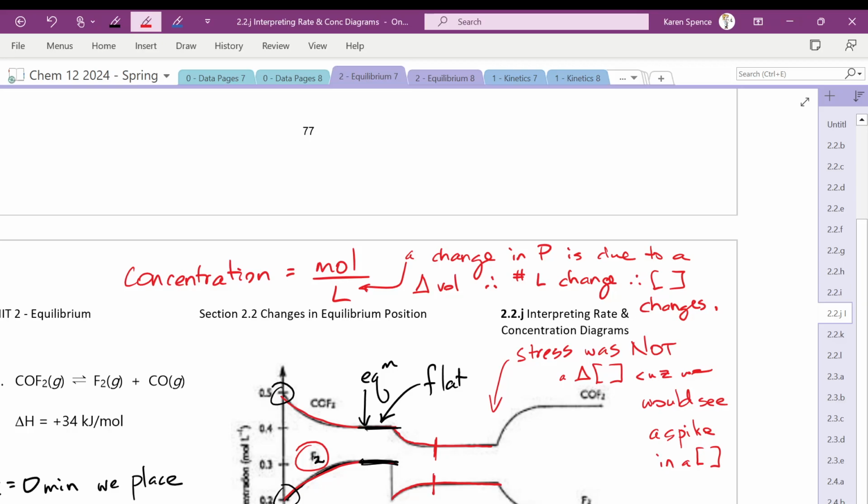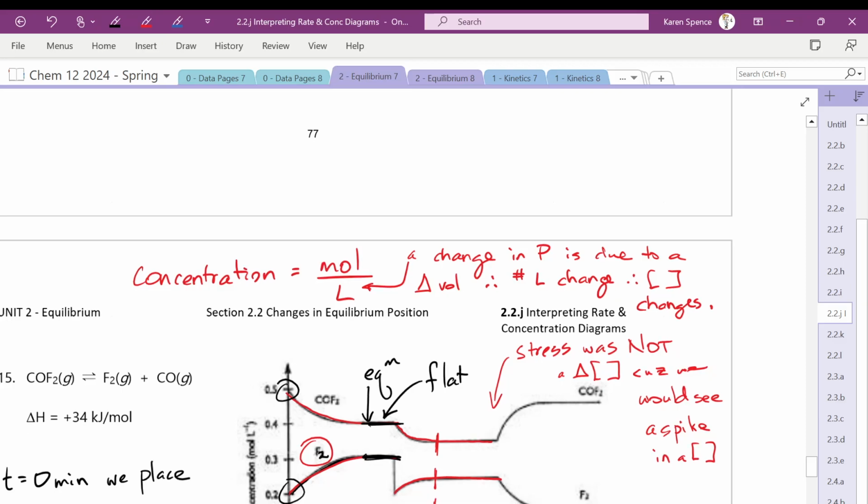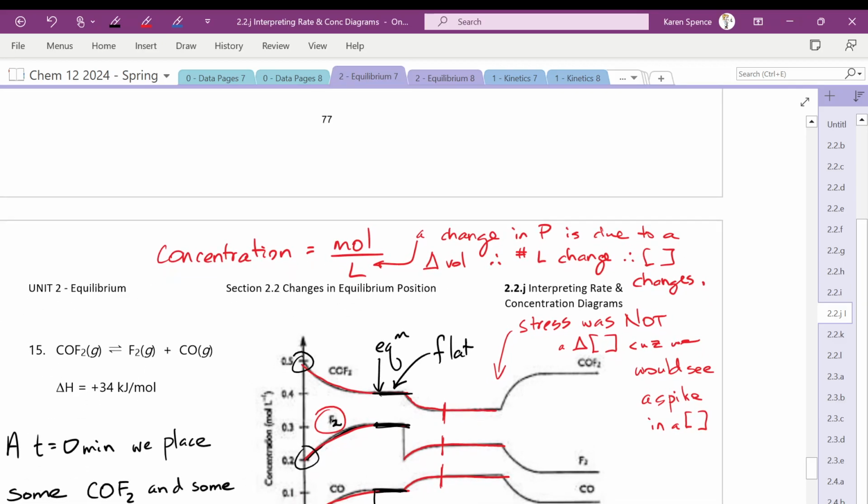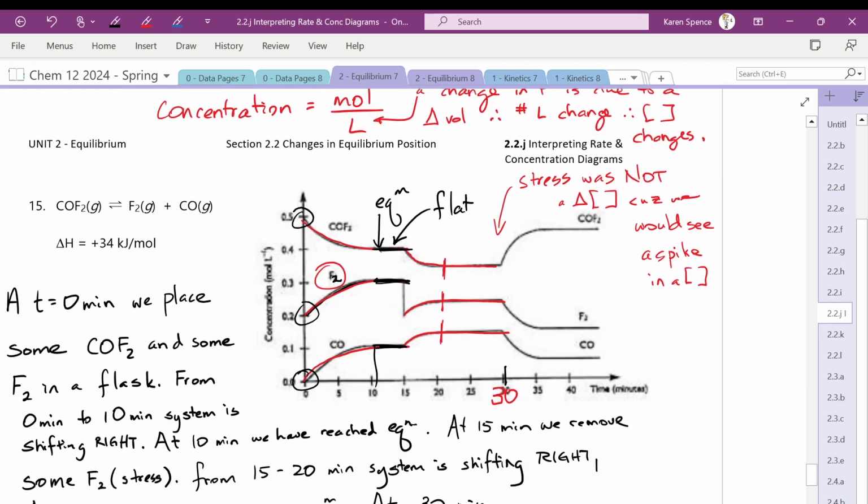Spikes. All of them should spike. Let's just say for the sake of argument, I expanded the volume. Which way would the concentration of COF2 spike? Which direction would F2 spike? And which direction would CO2 spike?